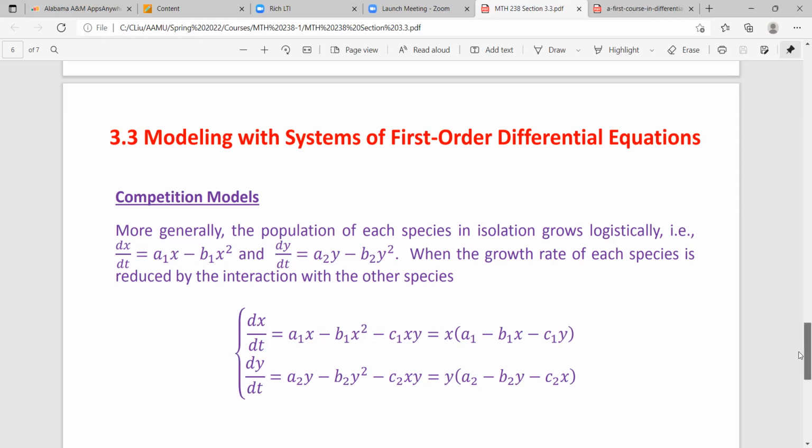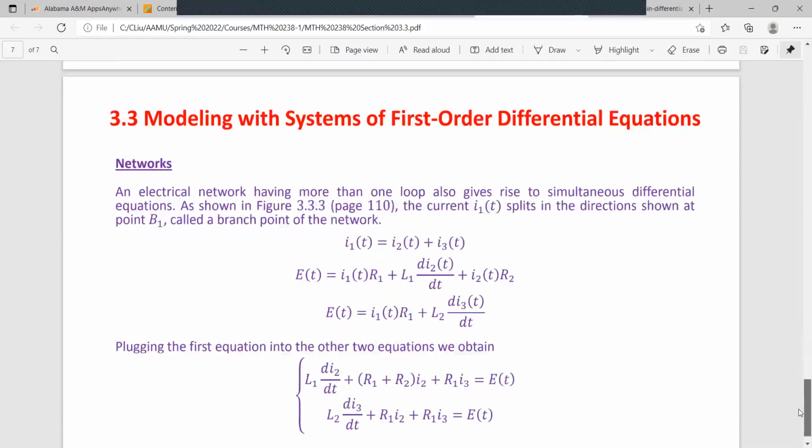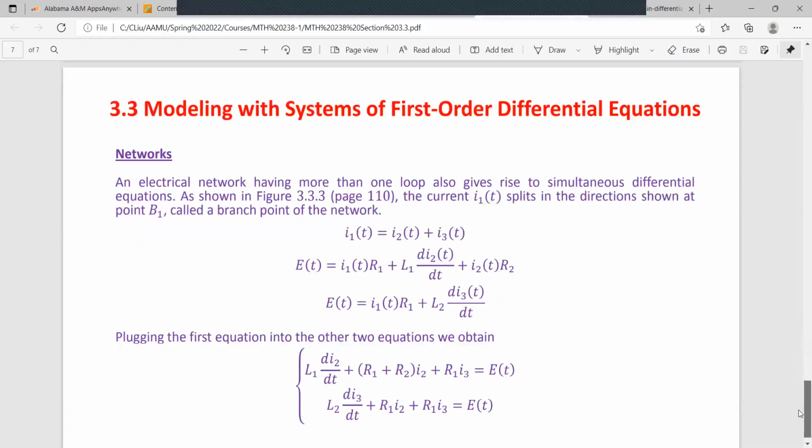If not, then let's talk about the last thing in this section, the networks. We are talking about electronic circuits, basically. We also talked about electronic circuits before, but we only talked about the series circuit, or circuits in series. Now we have a different situation.